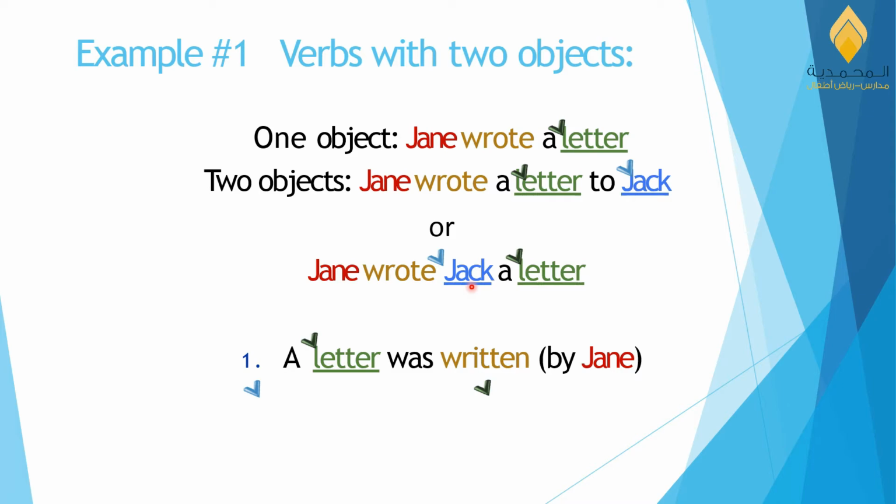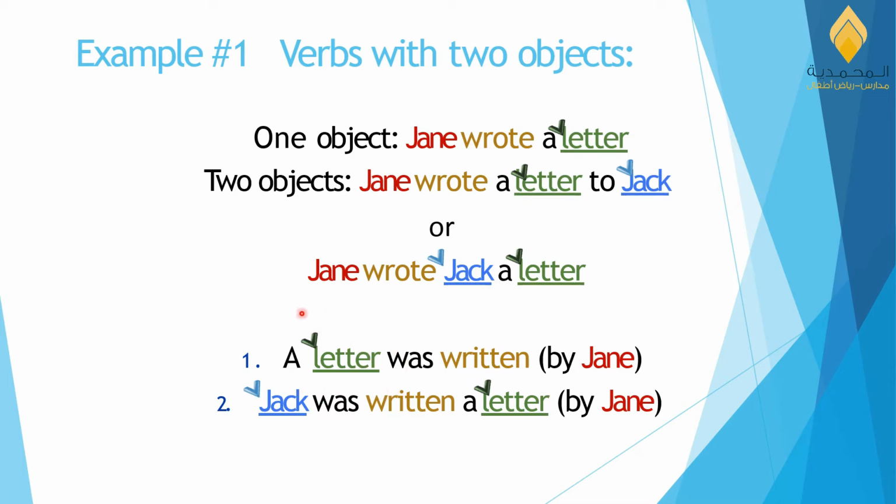Another way is Jack was written a letter by Jane. That's it. You can pick any of them. Either you could start with a letter, so the sentence becomes a letter was written. You could continue it with to Jack, or just a letter was written would be enough. And after that you have Jack was written a letter by Jane. As we said, this is optional.